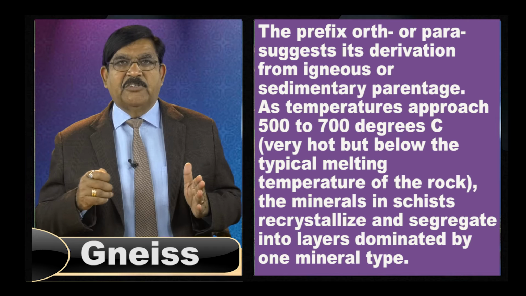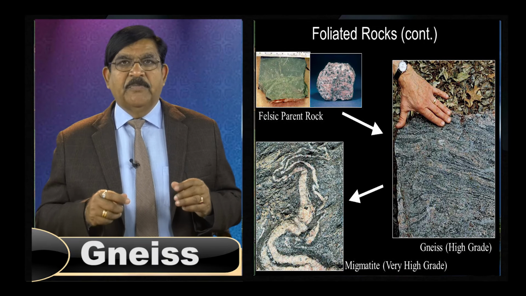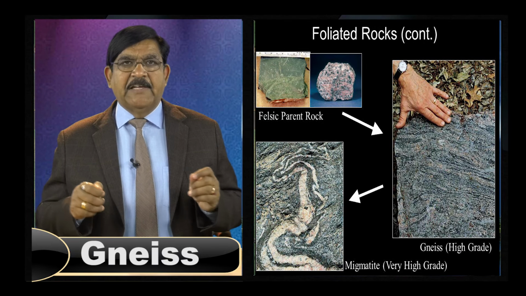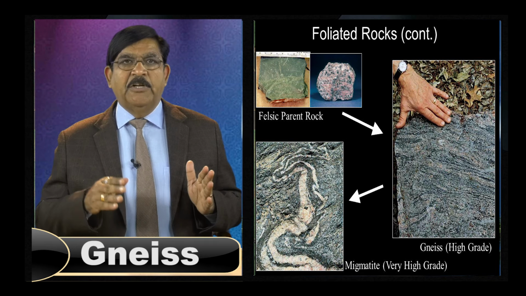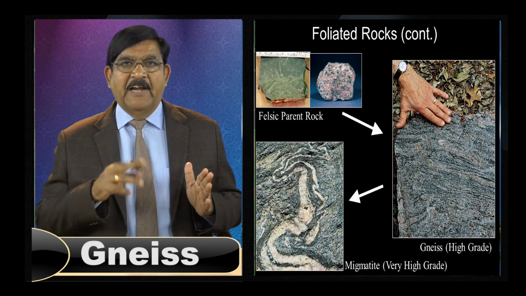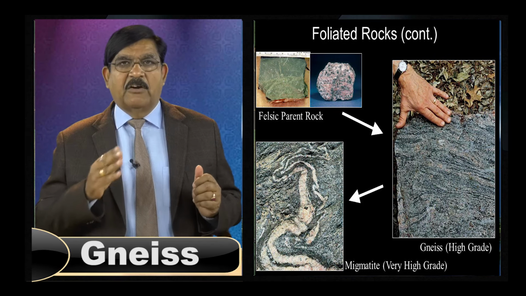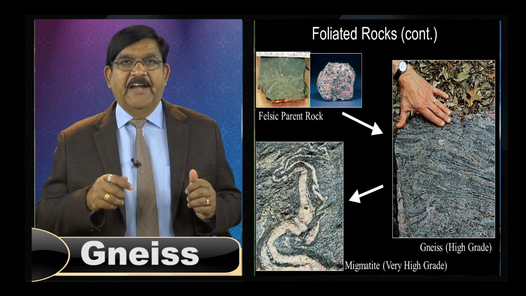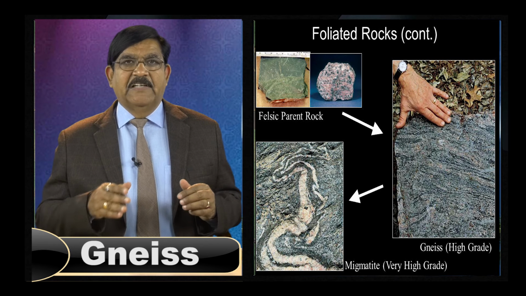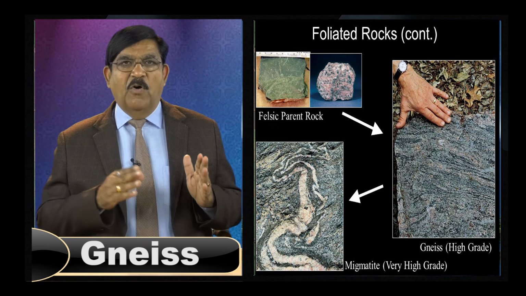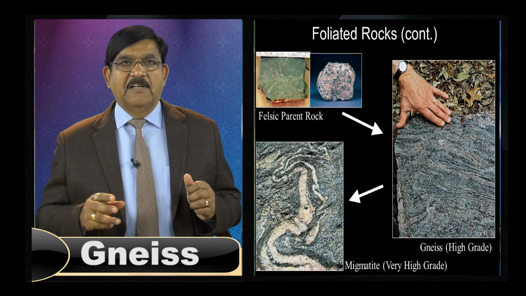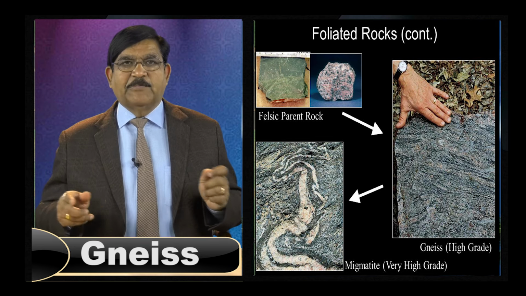The extremes of heat and pressure destabilize the more felsic minerals, breaking them down into ions that readily migrate within the rock and recrystallize in distinct light colored single mineral layers containing large grains of more stable felsic minerals such as quartz or feldspar.